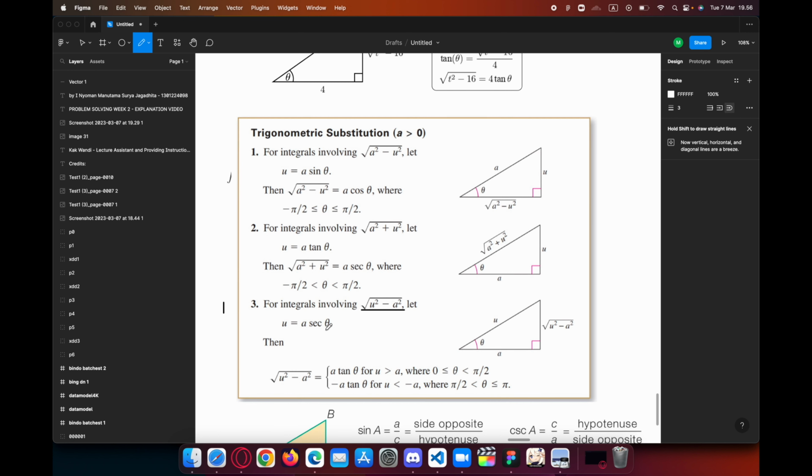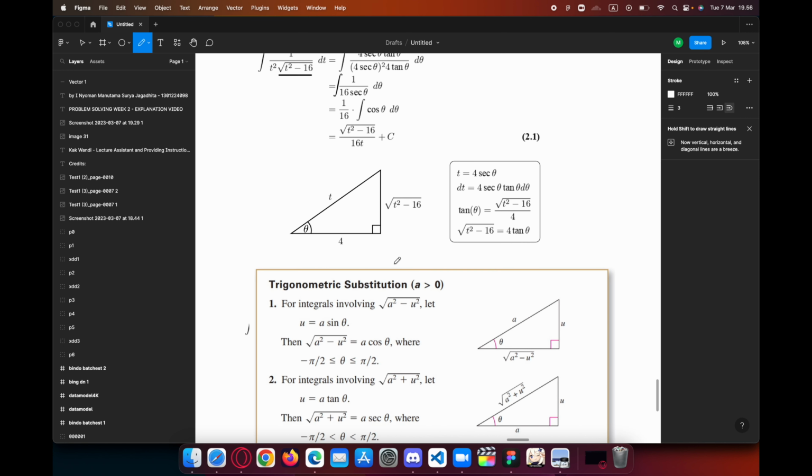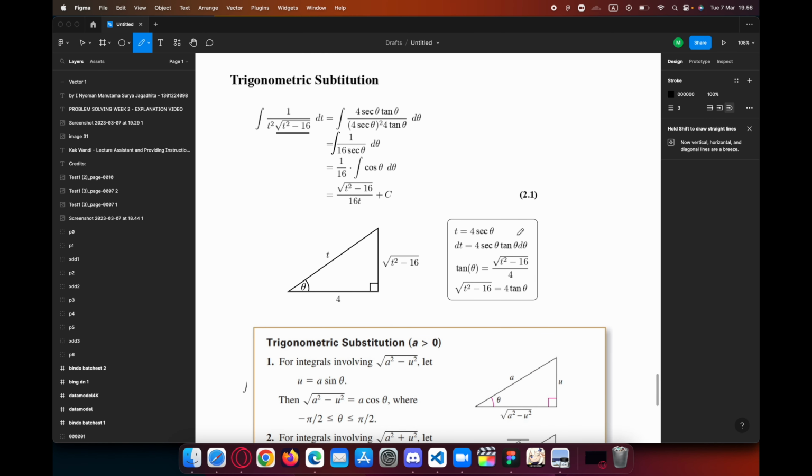The same with this one, we just take the derivative and it becomes dt equal to 4 secant theta tan theta d theta.